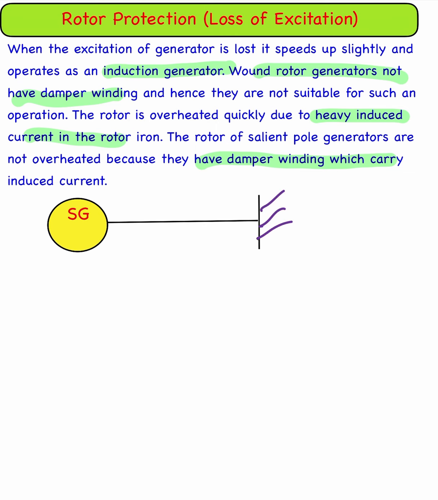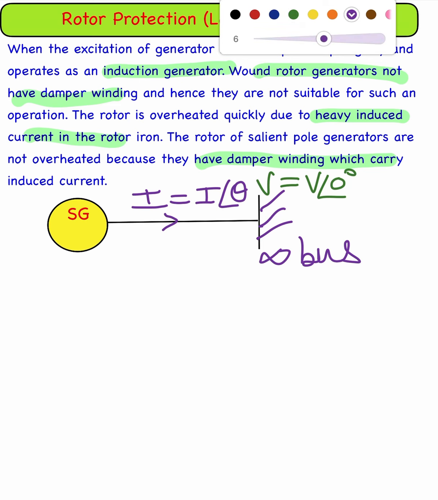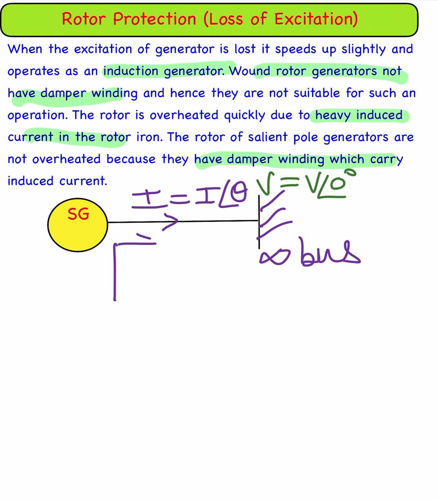Here the current flowing is I = I angle theta, and the bus voltage is V = V angle 0 degrees. Another thing is that the power factor, PF, is equal to cos theta, and that is lagging.